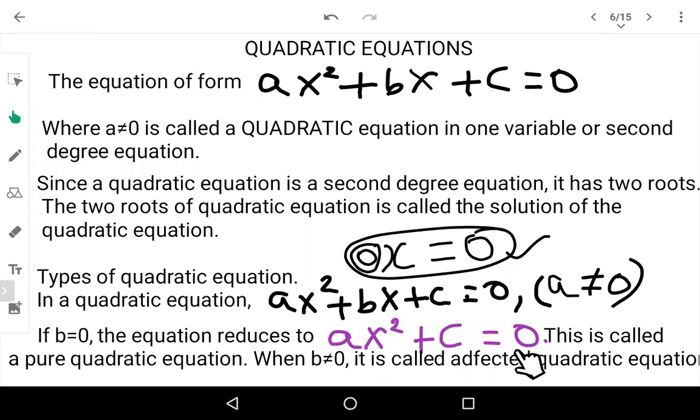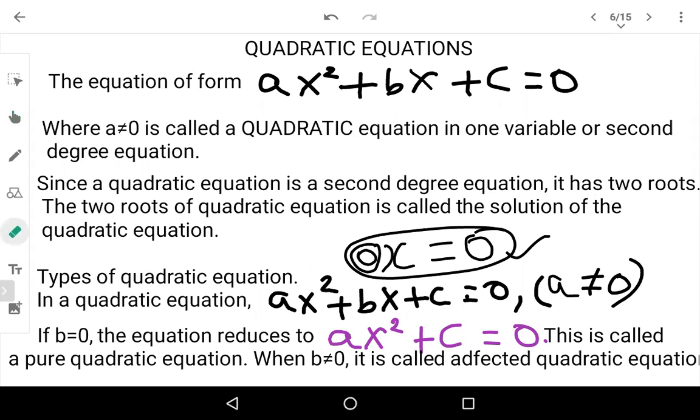There is one more type of quadratic equation, that is adfected quadratic equation. Now, what is an adfected quadratic equation? The normal equation like this, ax square plus bx plus c, where a is not equal to 0 and b is also not equal to 0, is called an adfected quadratic equation.